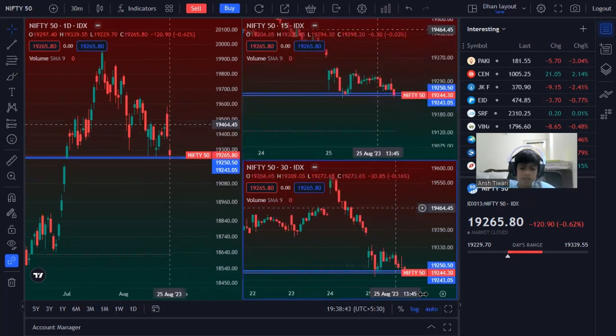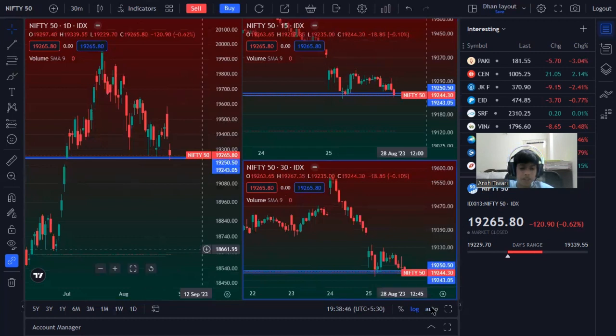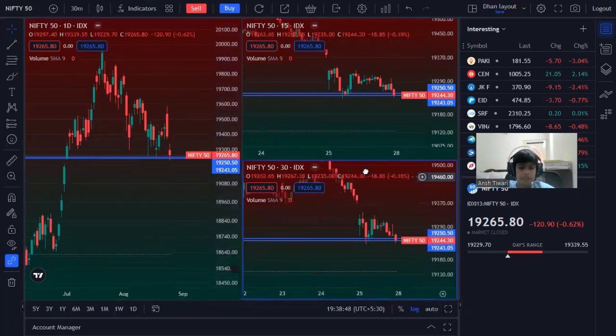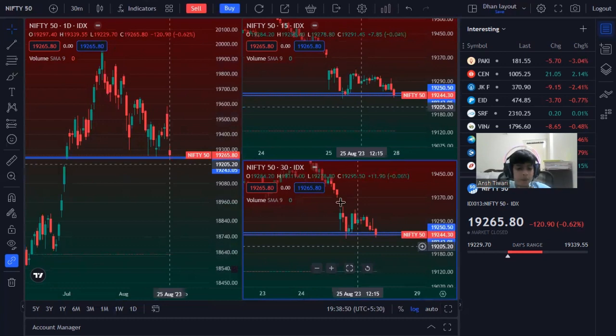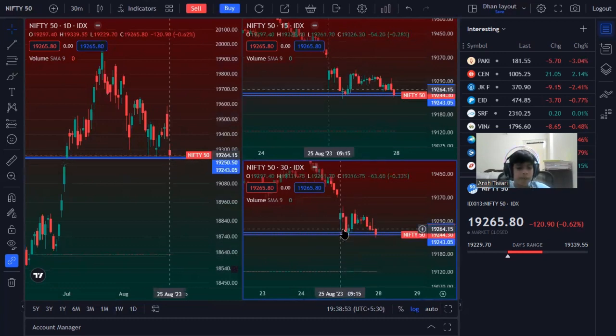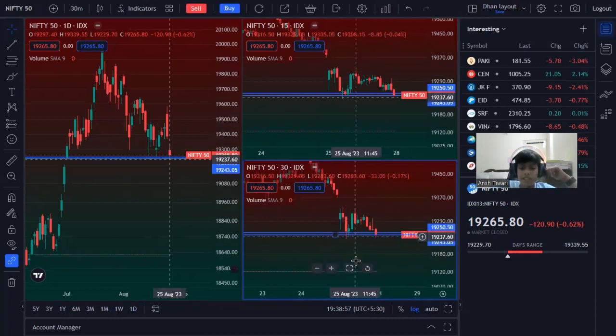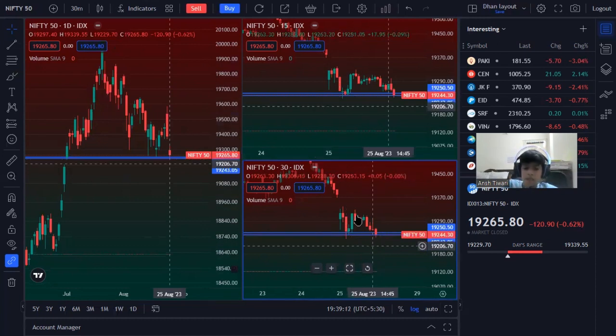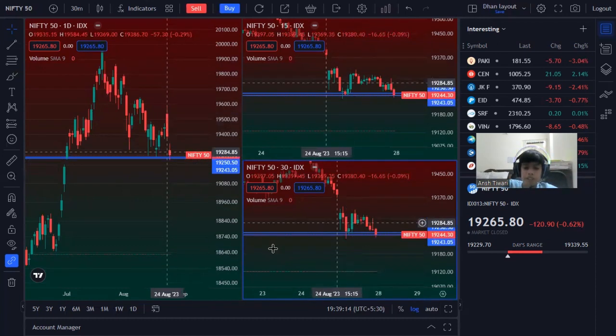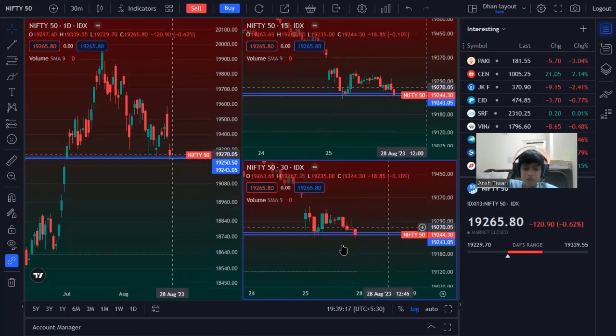Yeah, if we can see that over here, they took control of it for about 30 minutes, and then the bears formed their strength to get the levels down to a maximum of, let me check, the low was 19,230. Now that is a big downfall by the bears, but then the bulls were able to counter that with a lot of responsive buying from the bottom part.